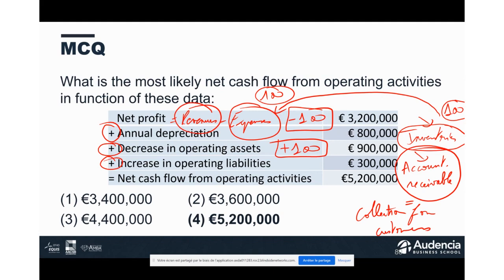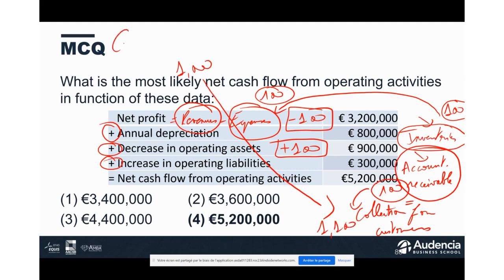So we add this cash to the potential cash in the revenue. So the revenue, for instance, is 1,000. We reduce the account receivable by 100. So now the collection from customers is the 1,000 plus the 100, 1,100.